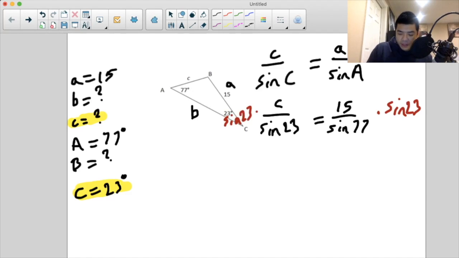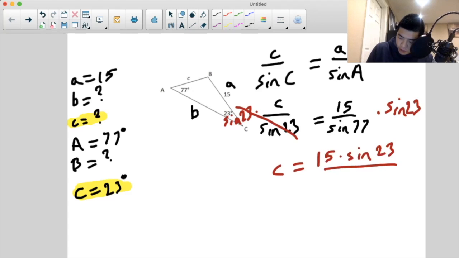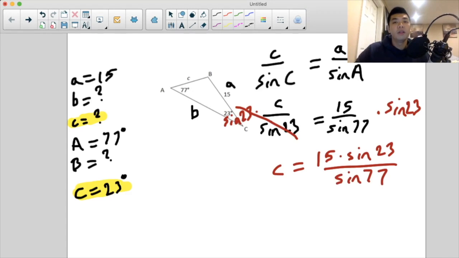On the left side those reduce down to 1, so you'd have 1 times c. So on the left side we're left with c is equal to 15 times sine of 23 divided by the sine of 77.